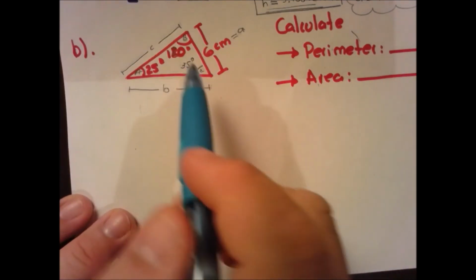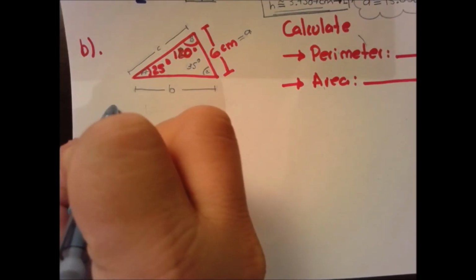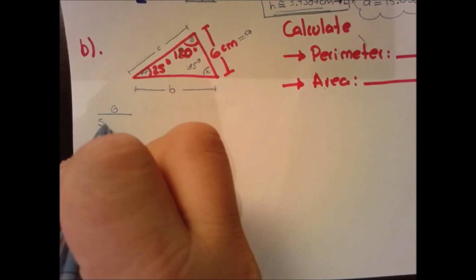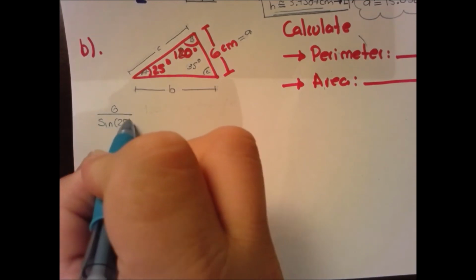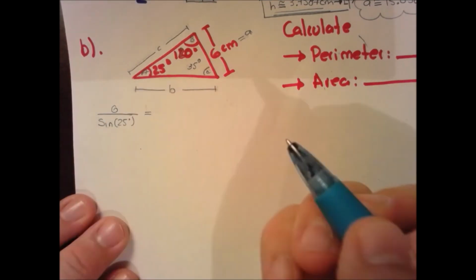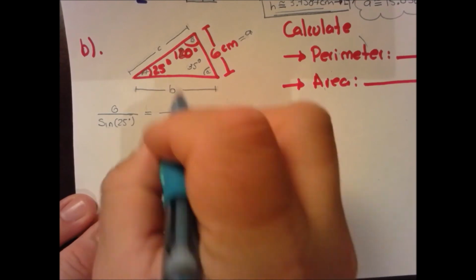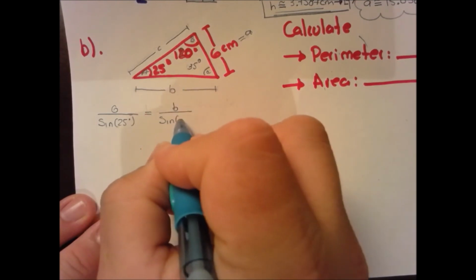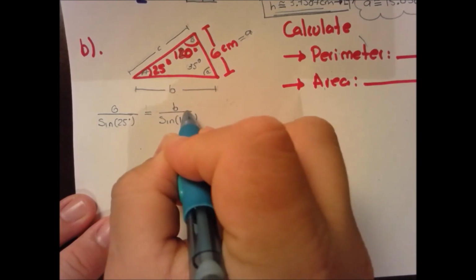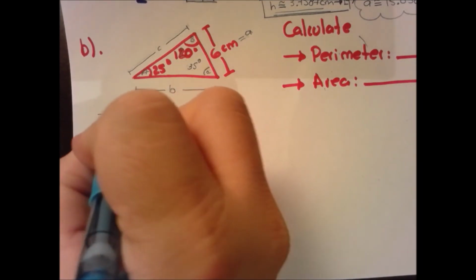Let's see. First of all, let's make over here: 6 corresponds with the sine of 25. Right? This corresponds with this. And then B will correspond with the sine of 120. There we go. So here, as you can see, this is 6 centimeters.